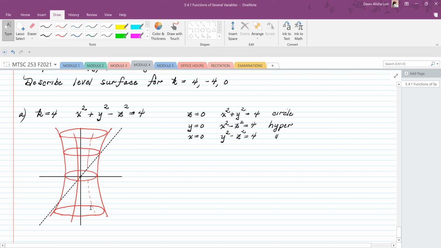So you get a hyperboloid of one sheet when k is 4.